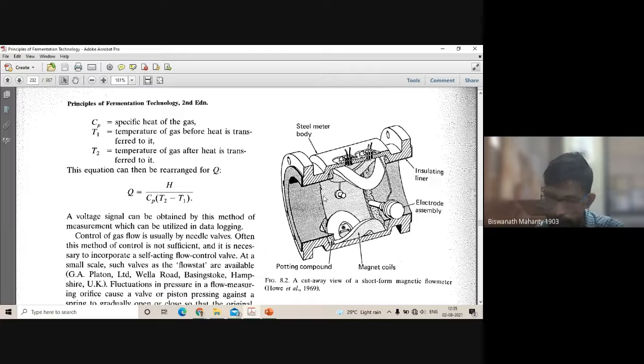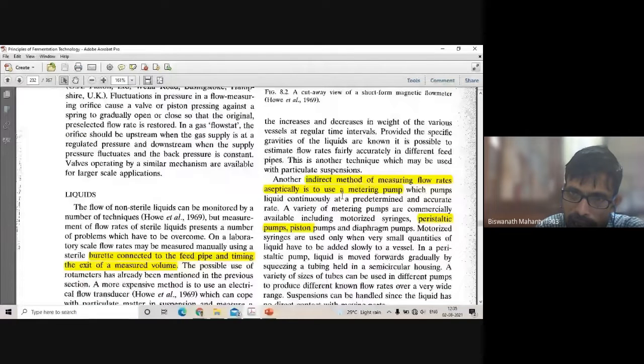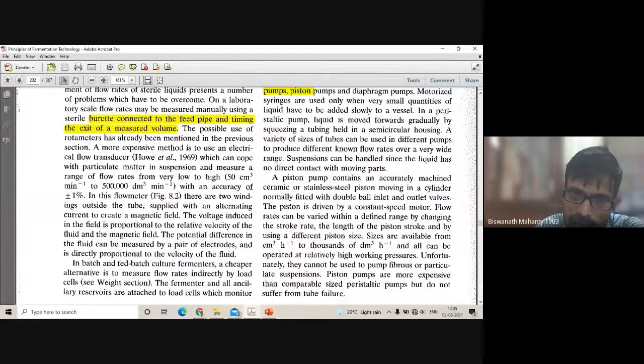The other advantage is that there is not much pressure drop in these non-invasive conducting elements. You are not stopping the liquid, but you are still measuring how much liquid is passing through the unit system. Are you getting this point? It is an indirect method of flow measurement.